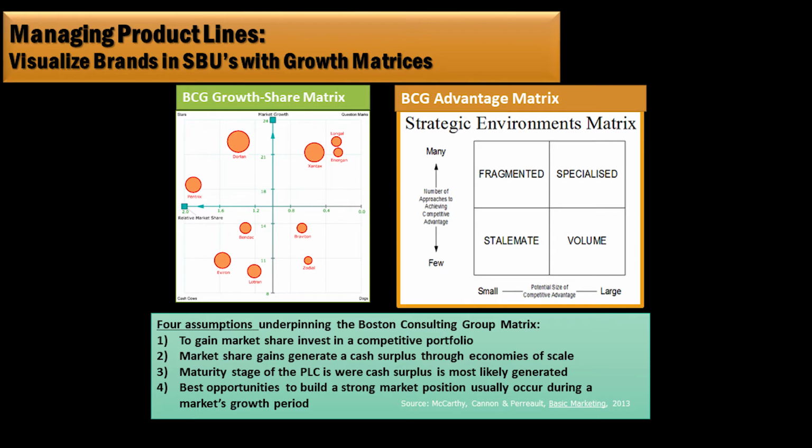One of the biggest flaws on this is the name. So people think about dogs and question marks and stars and cash cows. Cash cows are these slower growing products. They're called cash cows because you're making a lot of money off of them because you have a big share of the market. Question marks are where you have to decide where you want those to go.